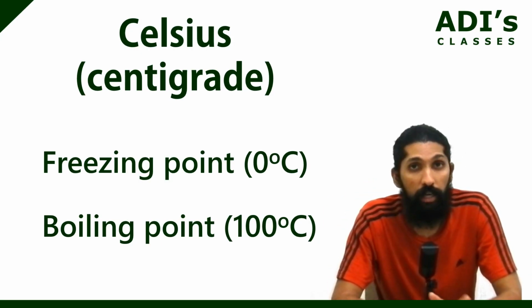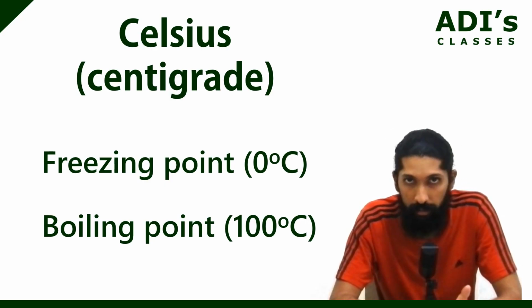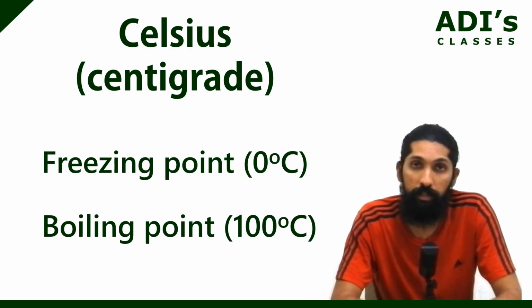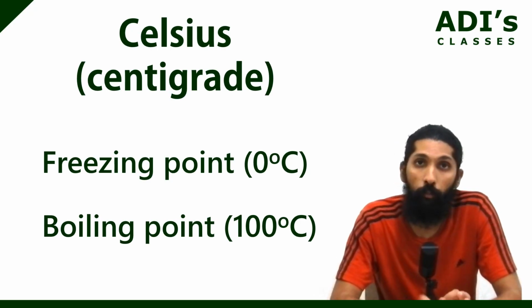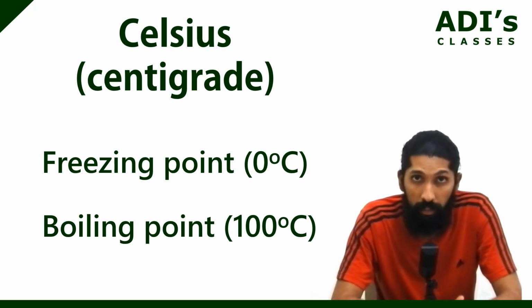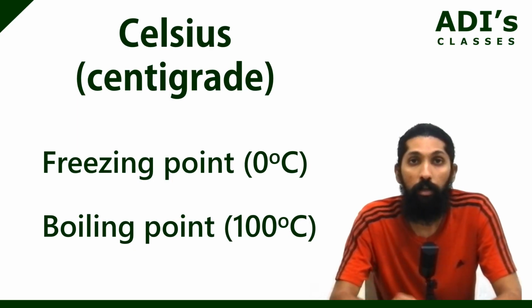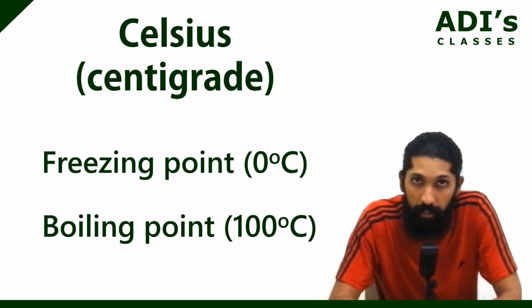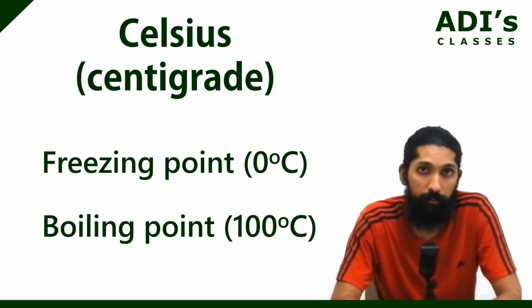At standard temperature and pressure in degree Celsius, the freezing point of water becomes 0 degrees Celsius, and the boiling point becomes 100 degrees Celsius. From 0 to 100 we have 100 divisions, correct? One division is 1 degree Celsius. So degree Celsius is one of the ways of measuring temperature.